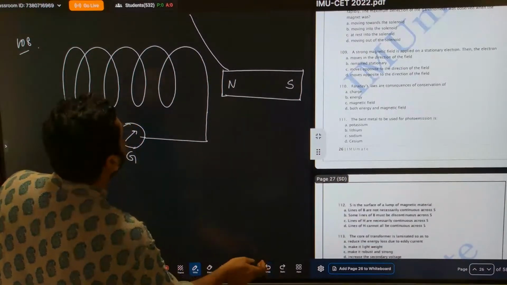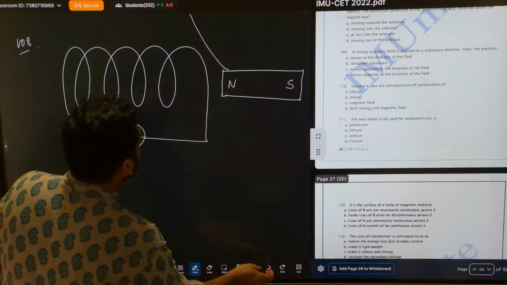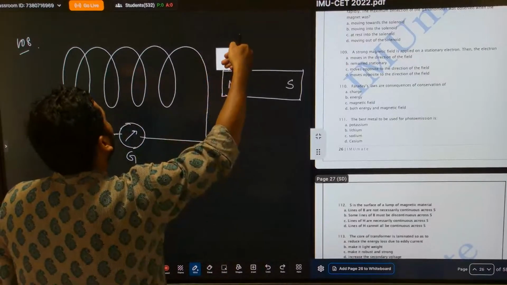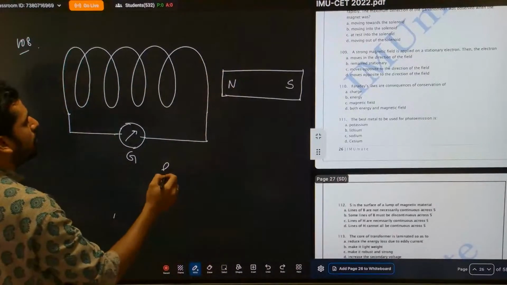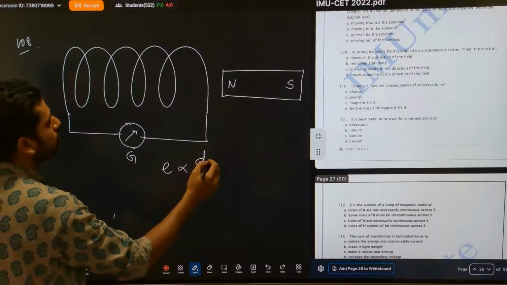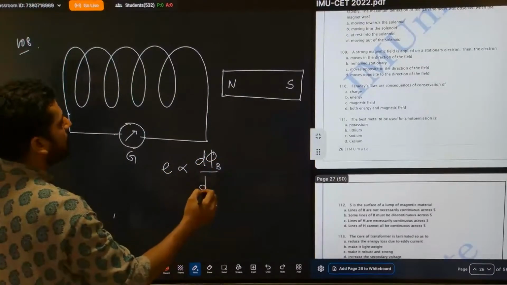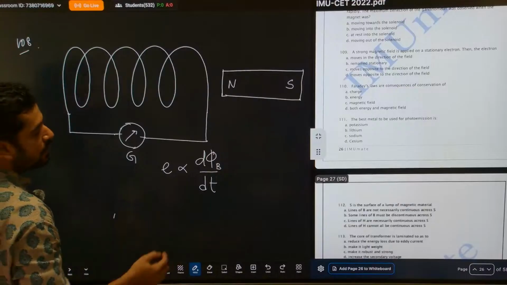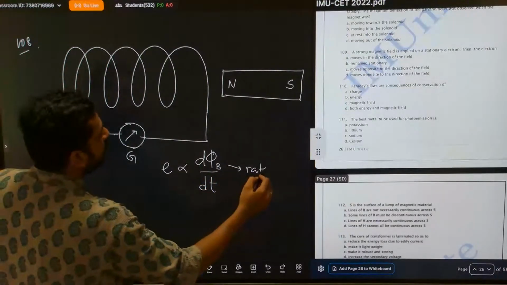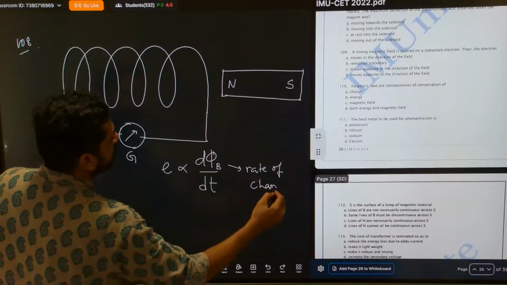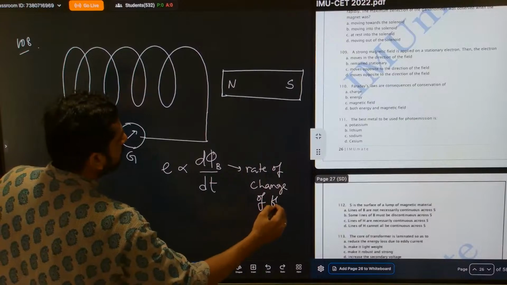What was Faraday's formula? E is proportional to d phi B by dt. It is rate of change of flux.